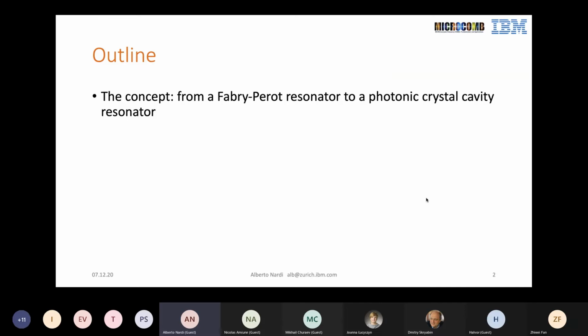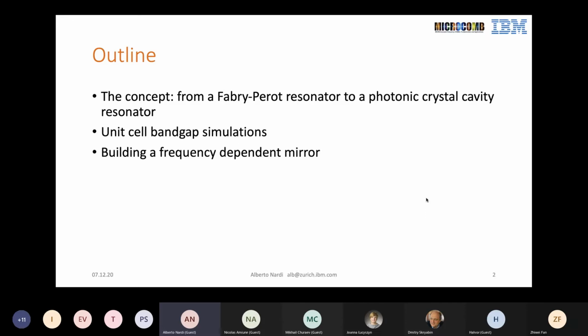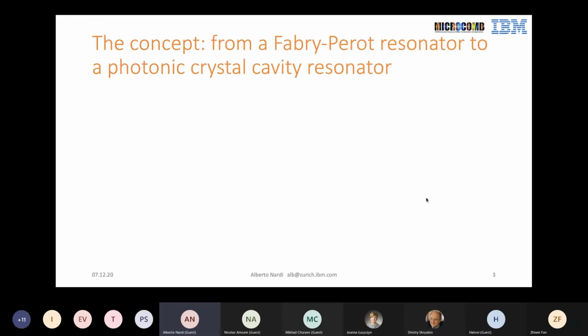Then I will talk about unit cell bandgap simulations that I've been carrying out during the last few months. I'll move on to how we actually build a frequency-dependent mirror, and we will analyze different mirror configurations to evaluate the reflectivity of different mirrors. And then I'll move on to the next steps in our research plan for the future.